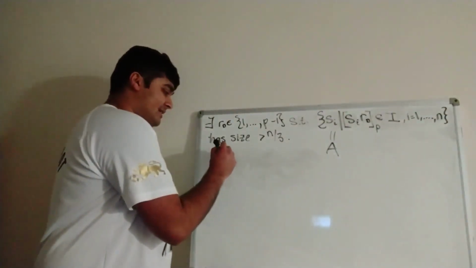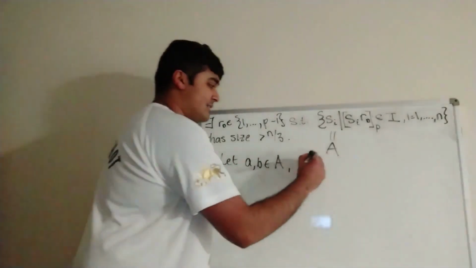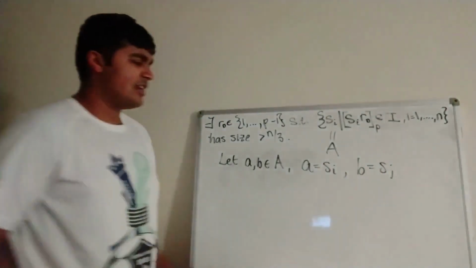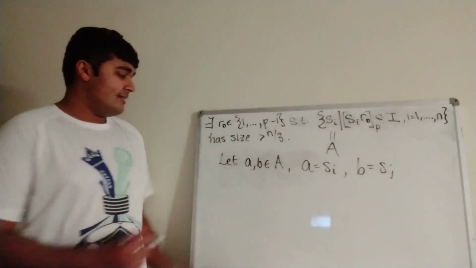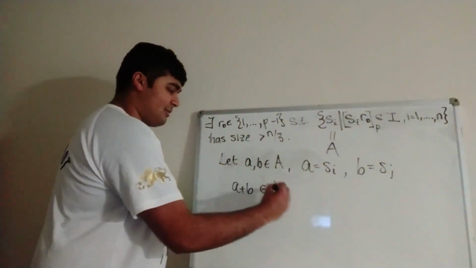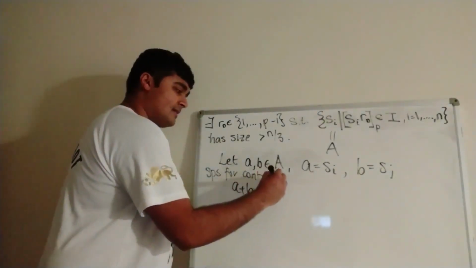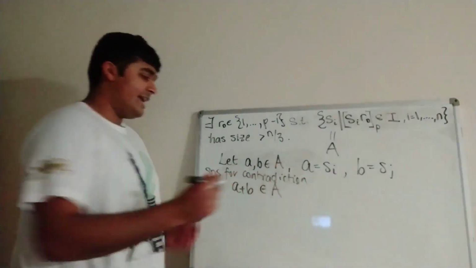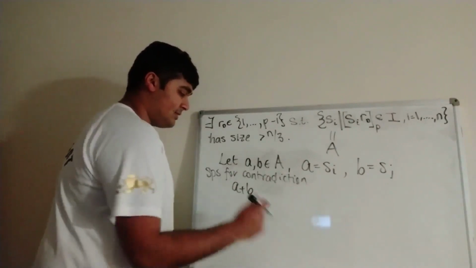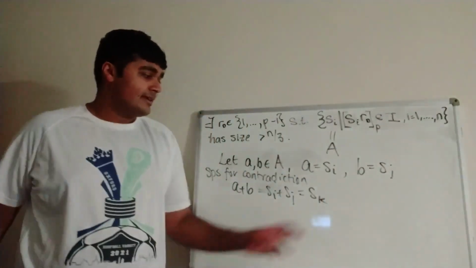Because if we take a and b in A, well then a is going to be equal to si for some i, and then b is going to be equal to sj for some j. It could be that i and j are the same, but then suppose for contradiction a plus b is in A. Well then that means that a plus b, which we know is just si plus sj, would be equal to sk for some k.